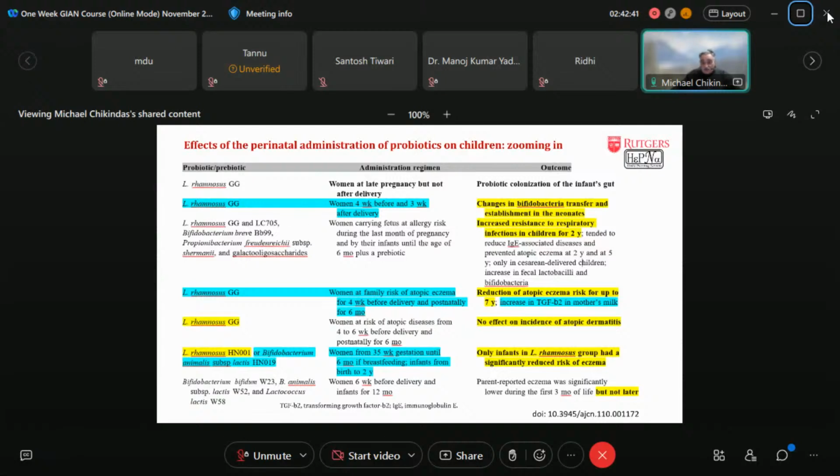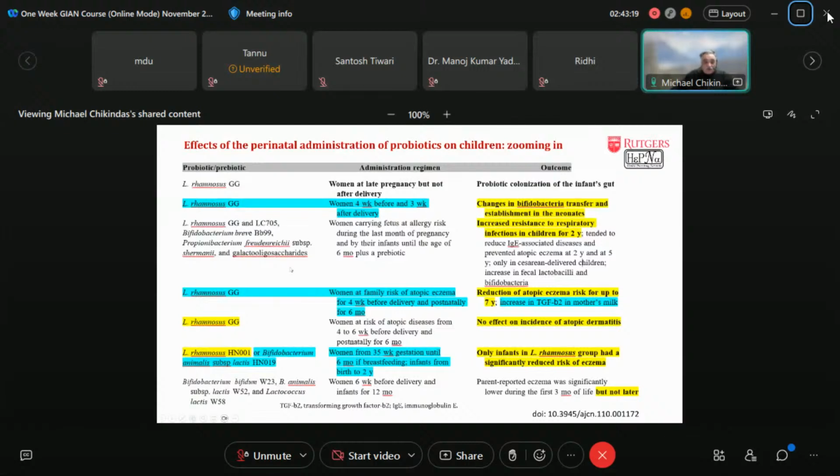We have a change in the transfer and improved development, establishment, and presence in the neonates. We have the mixed formulation of different rhamnosus and bifido strains, and again, the good thing is that the strains are indicated here, and we have increased resistance to respiratory tract infection after 4 years compared to the placebo group. And definitely the indications were that the immune system was properly modulated.